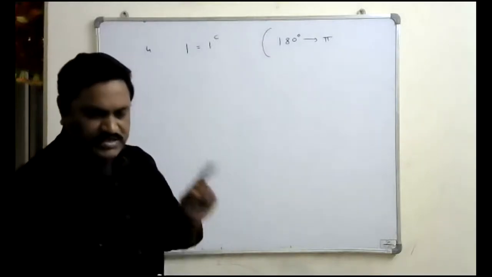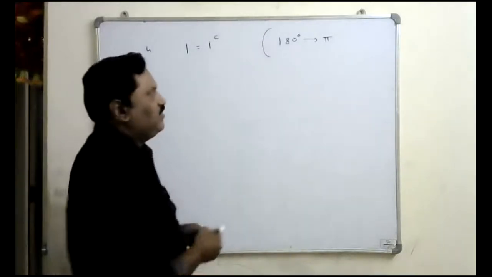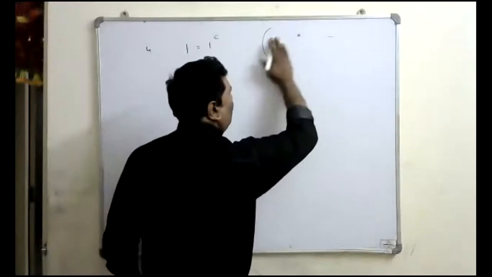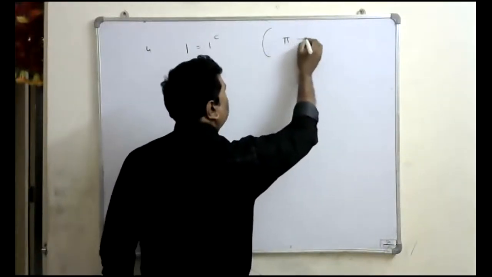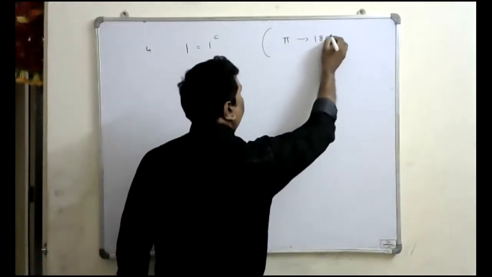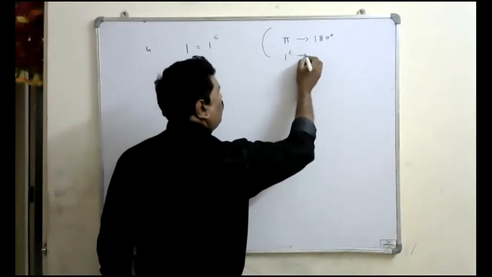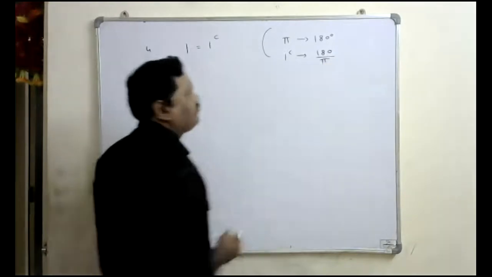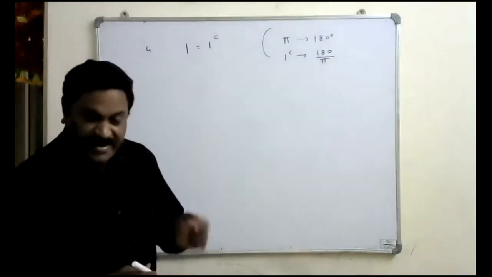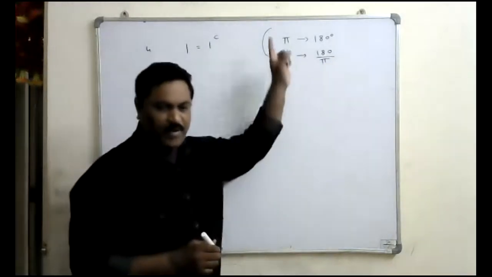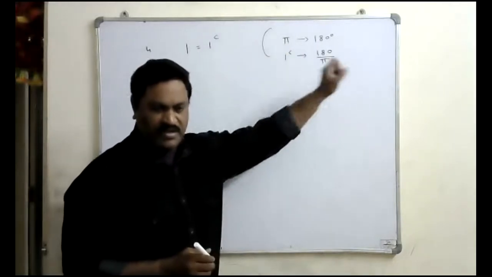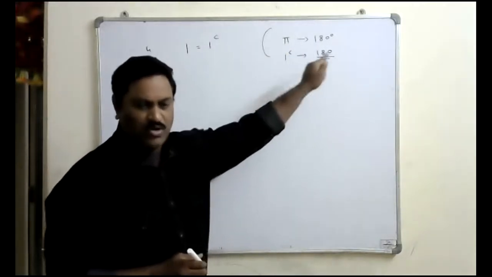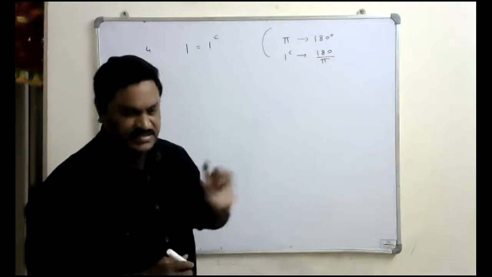Therefore, pi radians is equal to 180 degree. Then 1 radian is equal to 180 by pi degrees. Remember that.